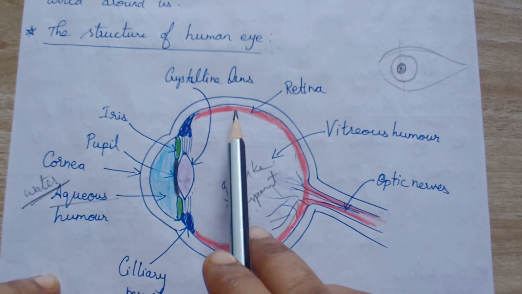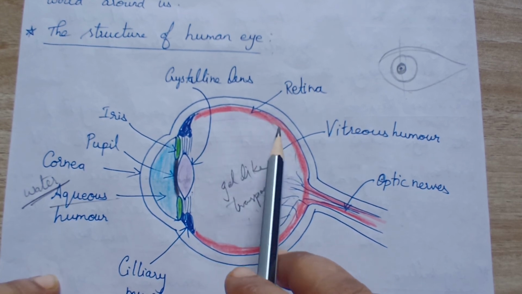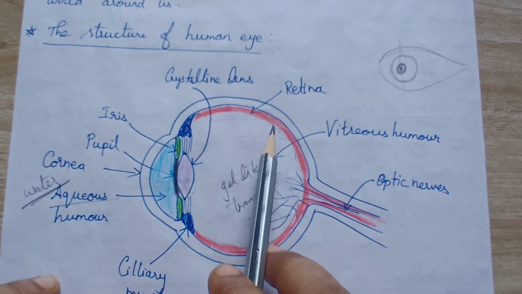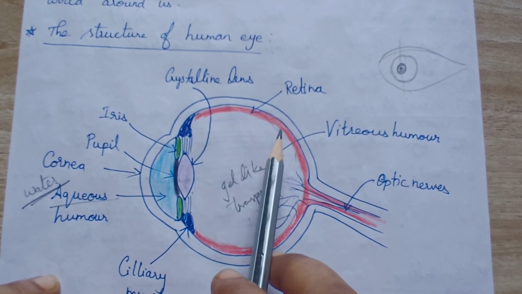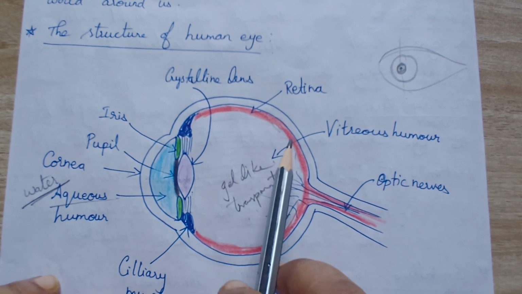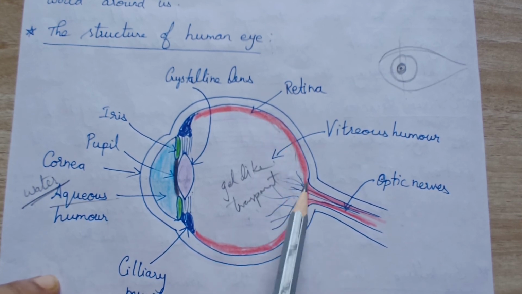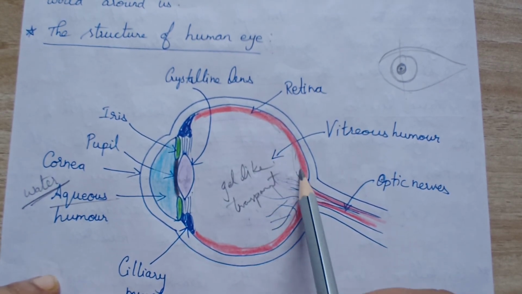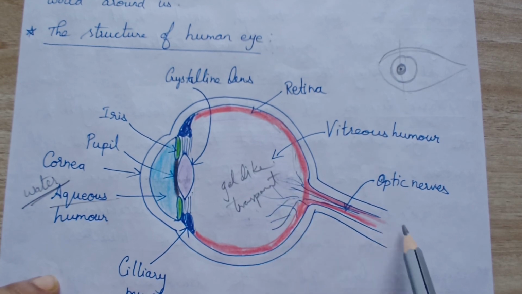Okay, and this retina contains so many rod cells. It is very sensitive to light, and once light falls on it, it activates and converts the light energy into electrical signals, and this is your optic nerve. All these cells combine to form the optic nerve, and it sends the signals through the optic nerve to your brain.